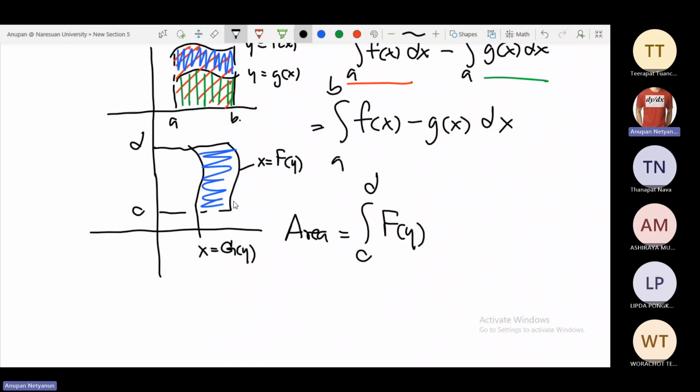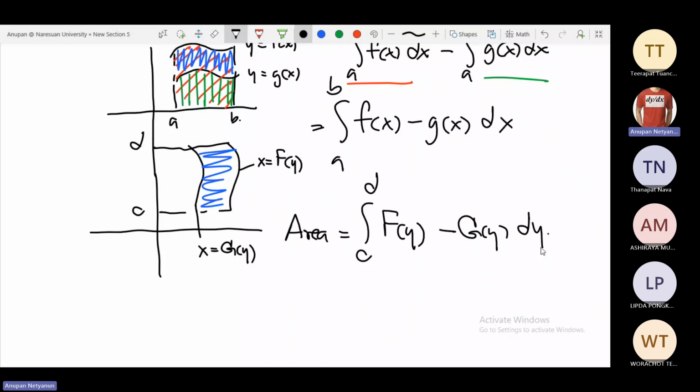So you take the right function or the right curve minus the left curve, which is g(y). And then everything is with respect to y, so you have dy here. So in this case, you can use a single integral or definite integral to find the area.